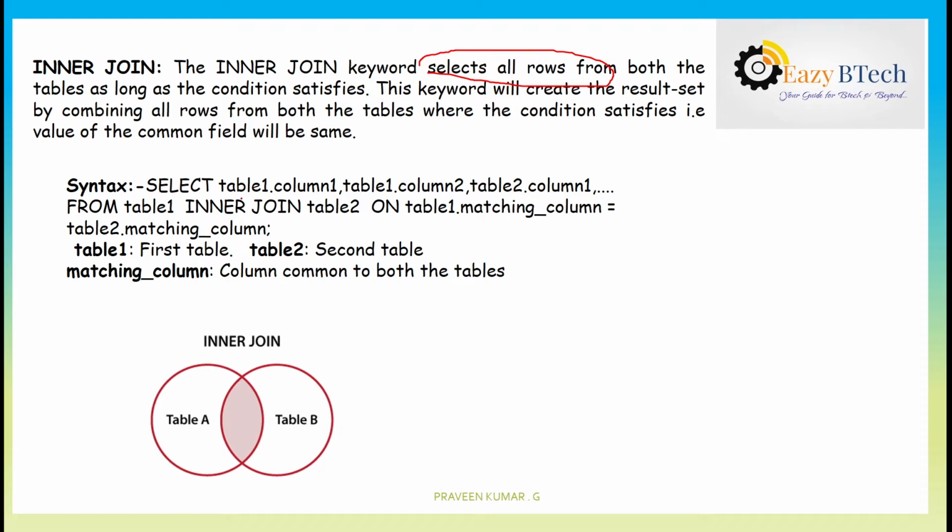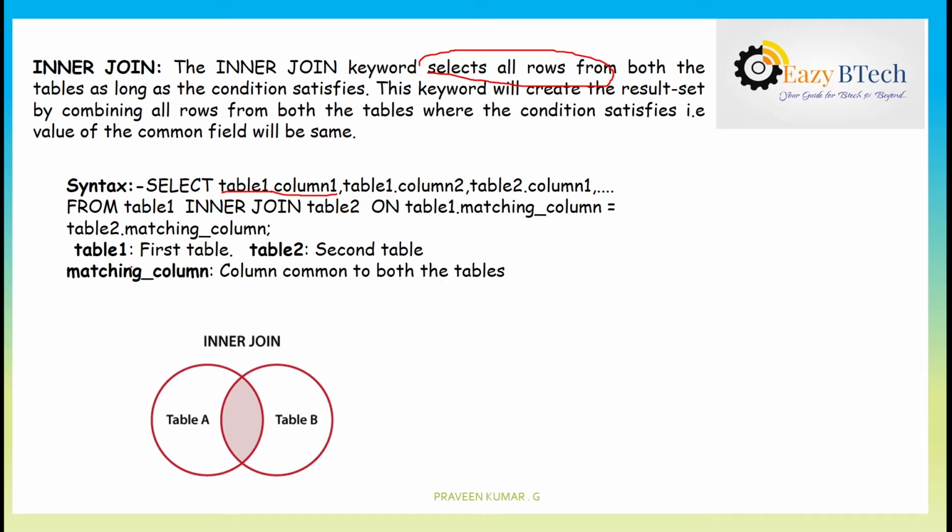What is the syntax? Select table.column1, table.column2, table.column n, representing the table name with the attribute name, from table 1 inner join table 2 on table 1 matching columns equal table 2 matching columns.